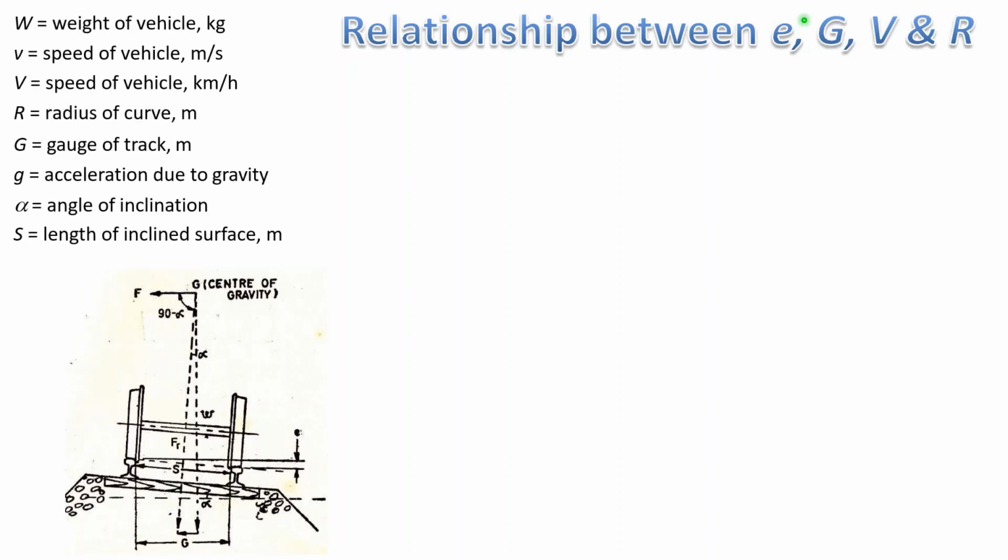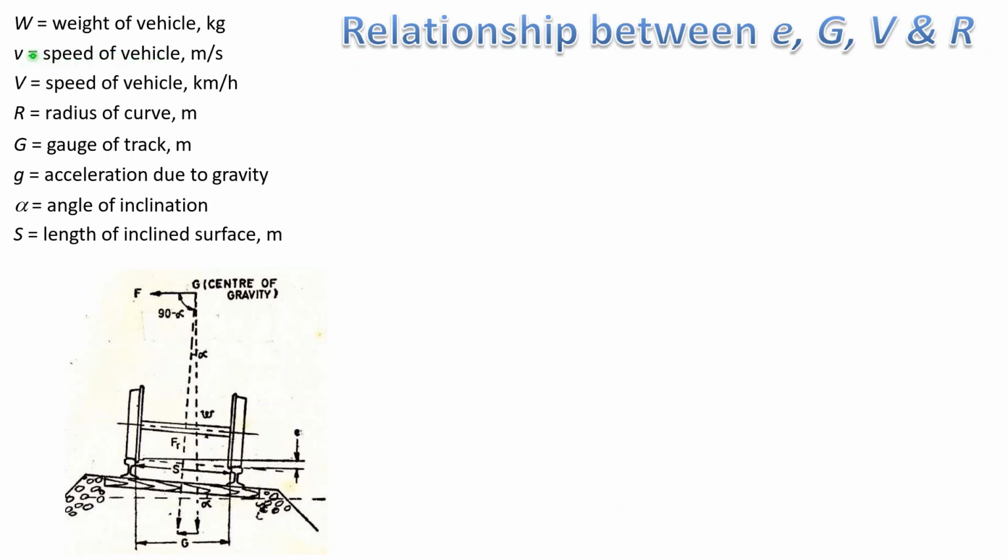So let's try to get a relationship between super elevation, the gauge, the speed with which the trains are running, and the radius of the circular curve. So what are the different factors here? One is the weight of the vehicle, W. Another one is the speed of the vehicle.